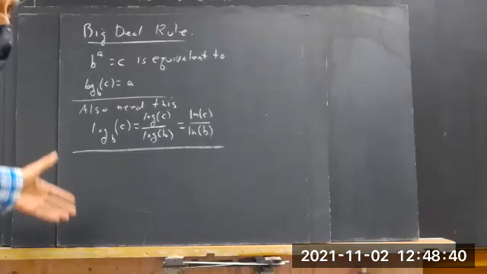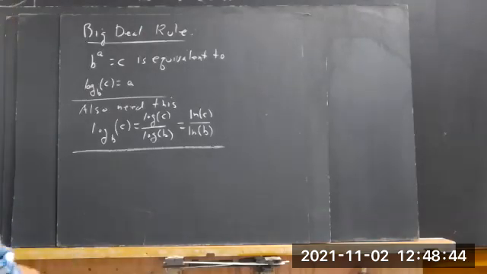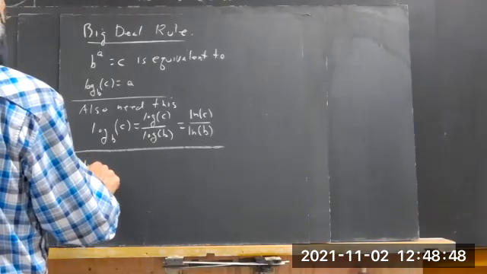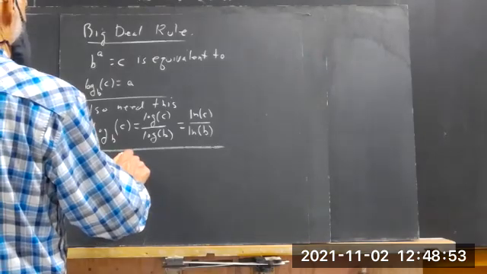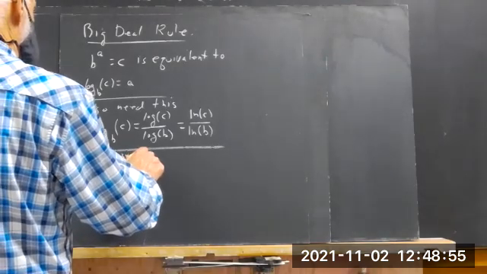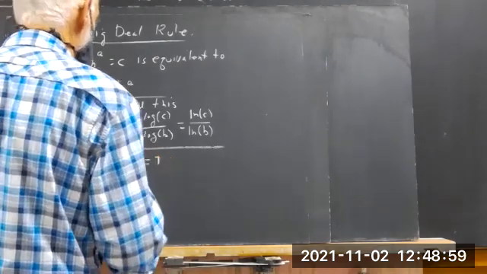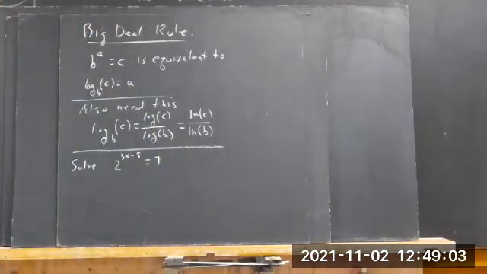Now we can use these two rules to solve an exponential equation. So let's take the equation two to the 3x minus 5 equals 7.